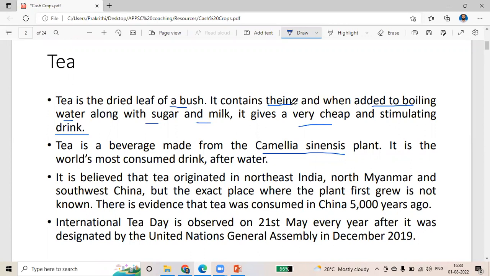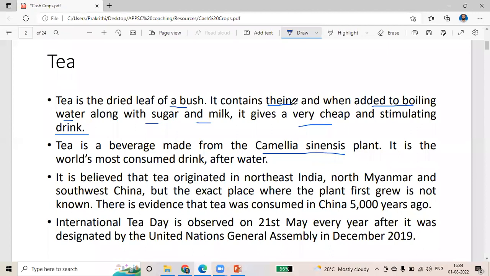Anyway, we don't have that much proof. It is all just hearsay. But mostly we believe it is from China, because there is evidence that China was using tea 5,000 years ago itself. So that is how tea originated and its relevance.